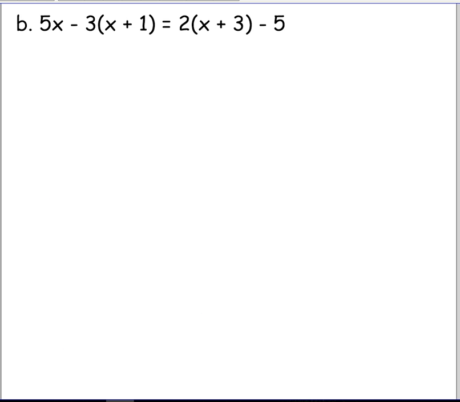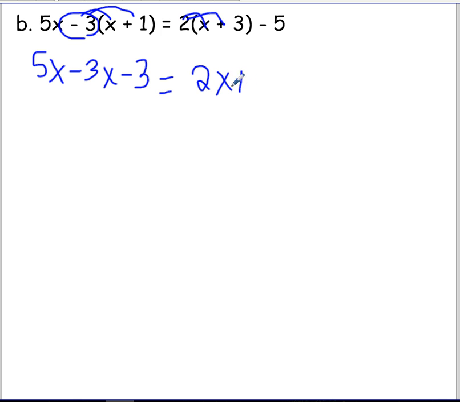And let's look at this example. We have a 3 to distribute. Notice there's a minus, so we have to distribute the negative 3 there. So we'll drop down our 5x. And we'll get negative 3x minus 3 there. And that equals, let's distribute our 2, and we'll get 2x plus 6 minus 5.